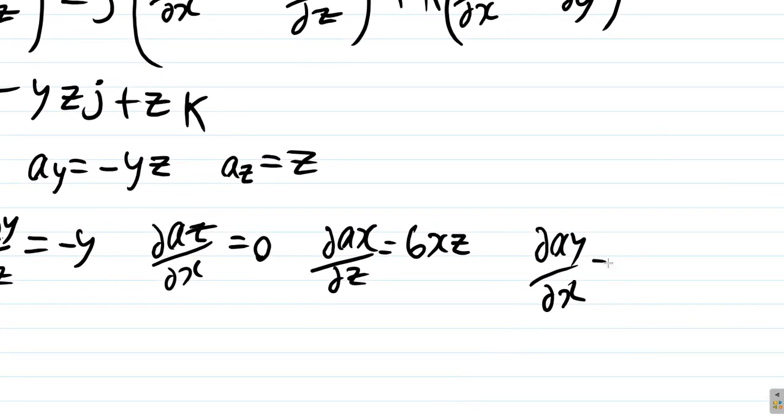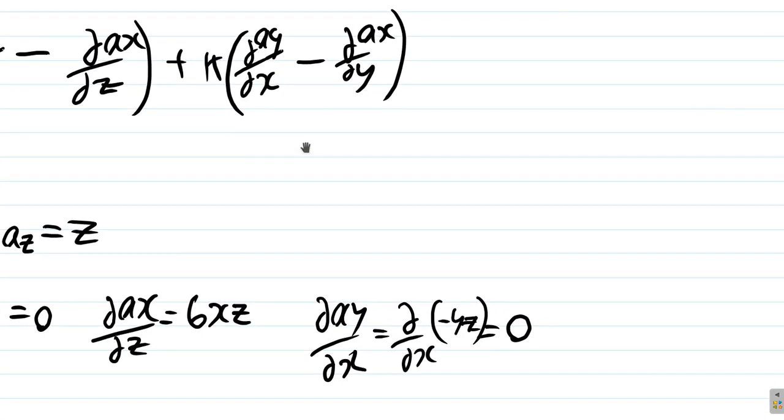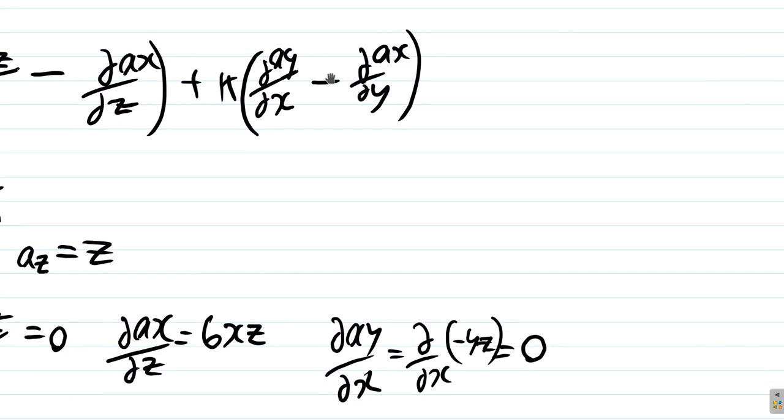We're really finding the partial with respect to x of negative yz. But there's no x here, so this amounts to 0. And then finally, the partial of Ax with respect to y.